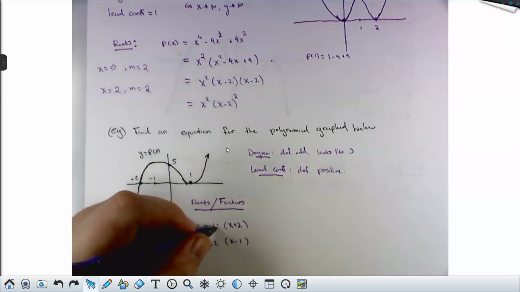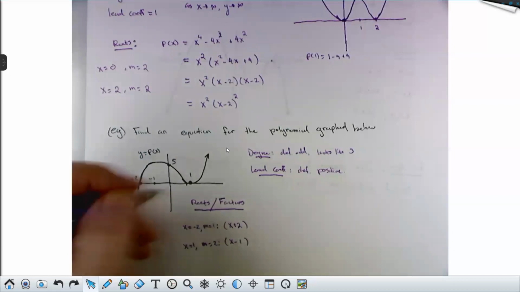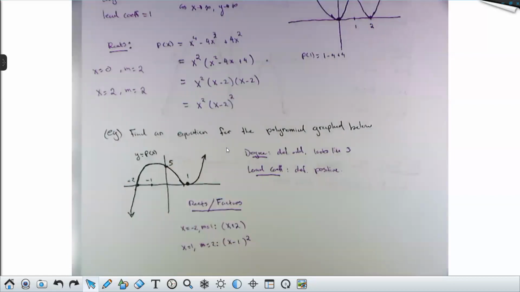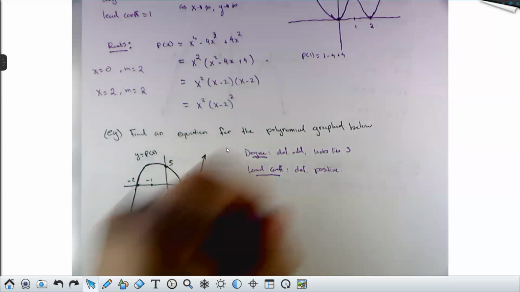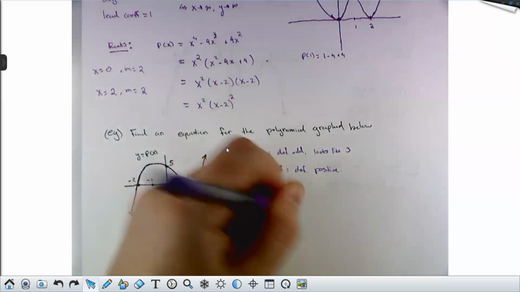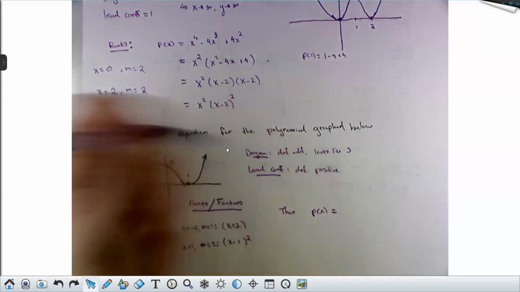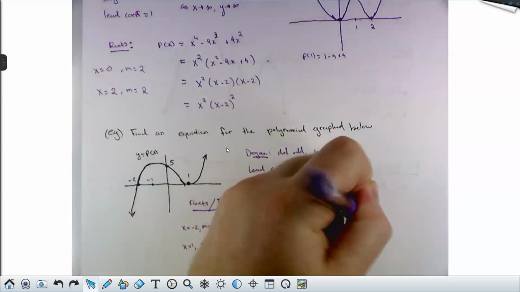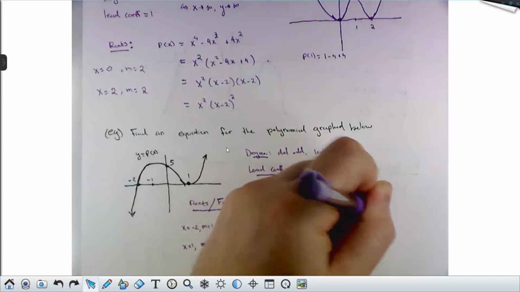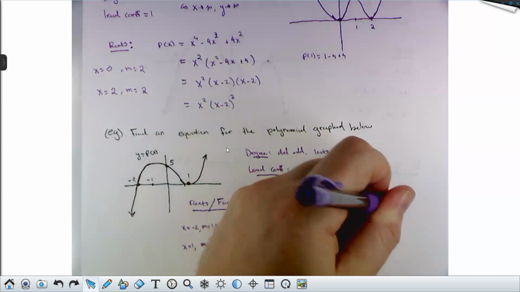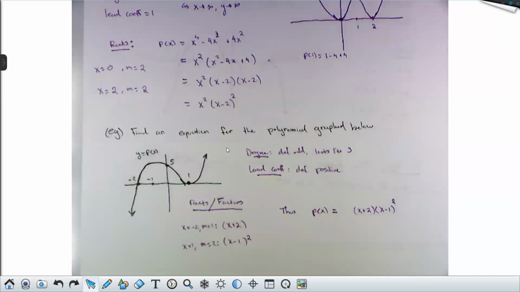So the x minus 1 factor should be squared. Thus, p of x is looking something like, I'm leaving space there for a reason, x plus 2 times x minus 1 squared.